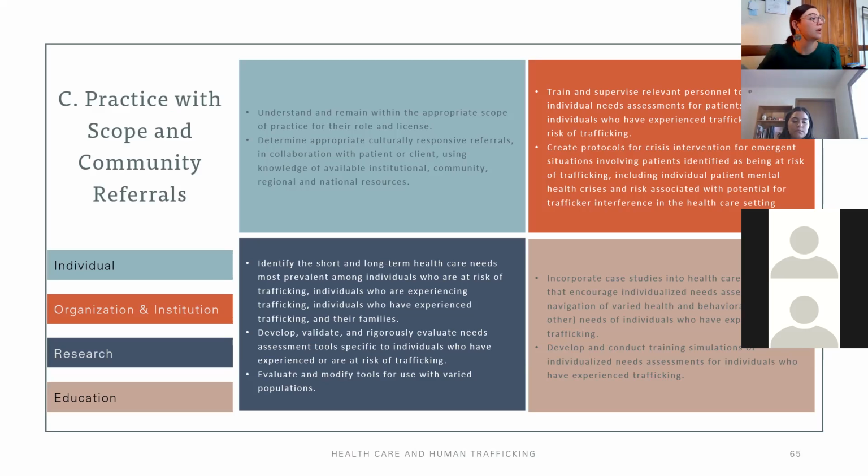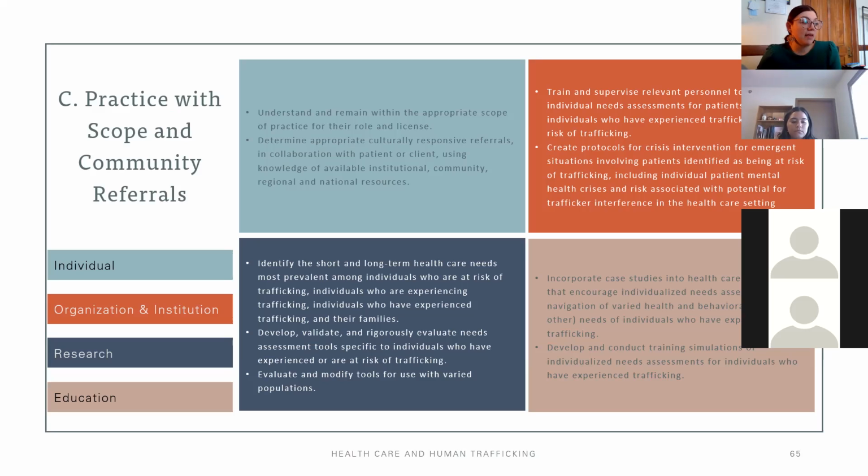In research, identify short and long-term healthcare needs most prevalent among individuals who are at risk of trafficking, individuals who have experienced trafficking, and their families specifically. So again, what are the short and long-term needs that can be met by you, but then by others in your community? What does that look like?